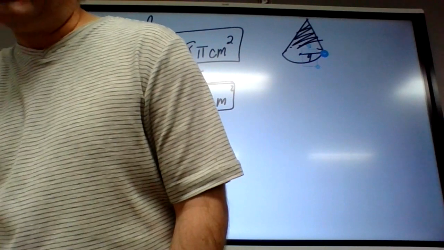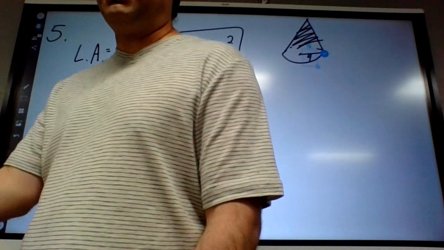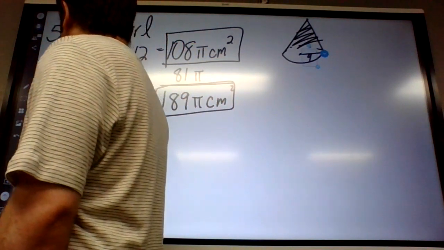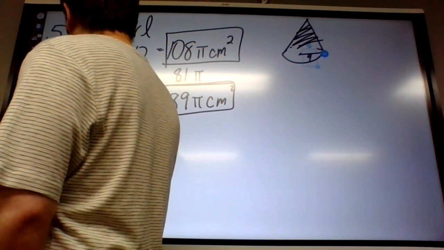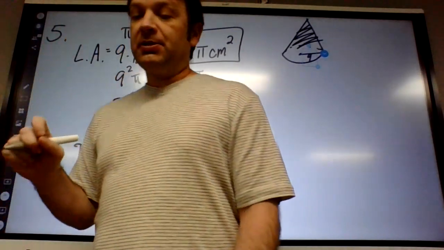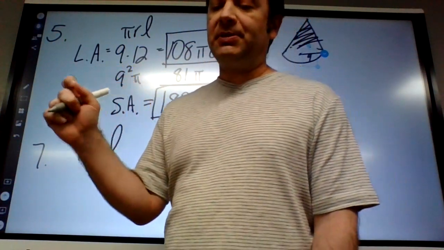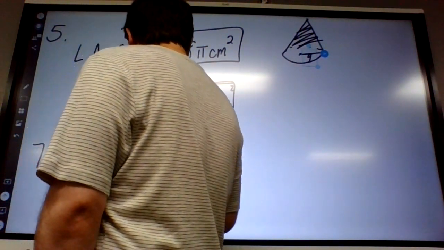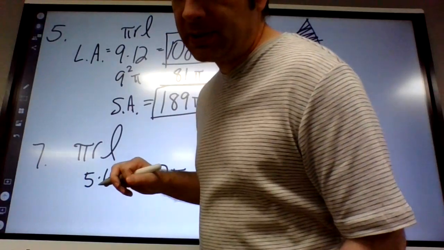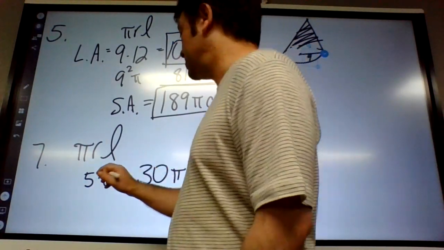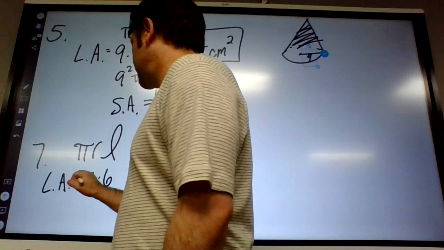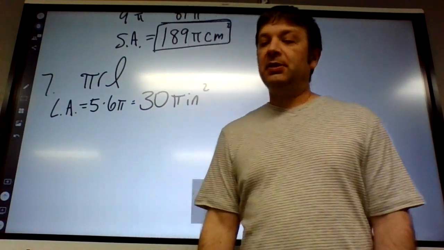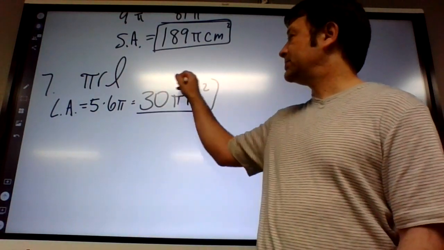Number 7 is the same section. They just didn't draw a picture for us. But it is the same steps. So how do I find the lateral area of a cone, pi r l? So we're just going to do radius times slant height, 5 times 6. 30. So 30 pi inches squared is the lateral area. And that's answer number 1.